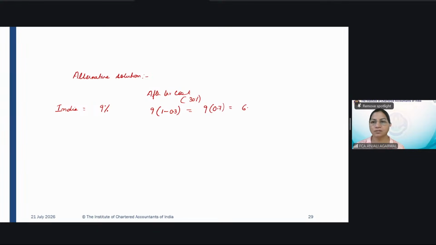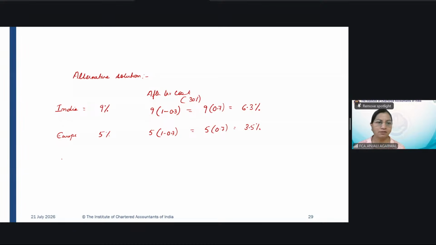So it will cost you 6.3%. In Europe, the rate of interest is 5%. So after tax, it will cost you 5 into 1 minus 0.3, 30%, which is 5 into 0.7, which is 3.5%.